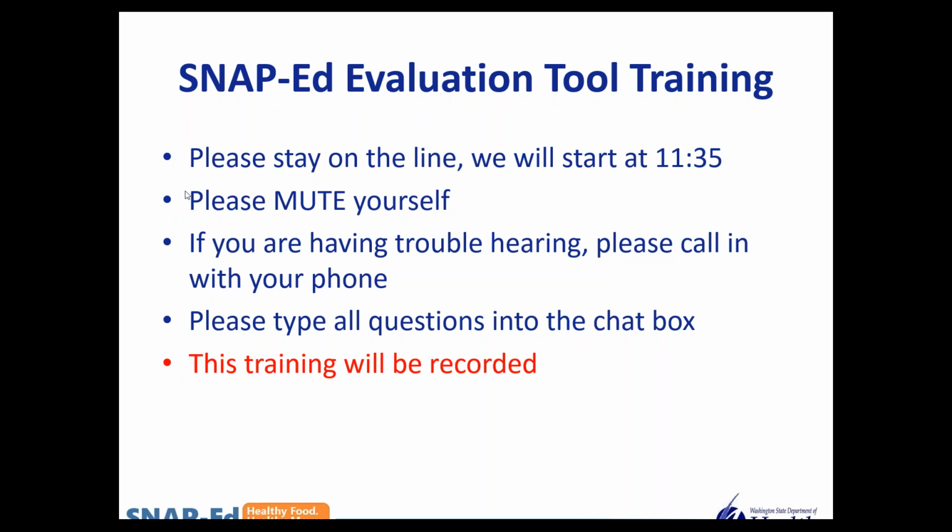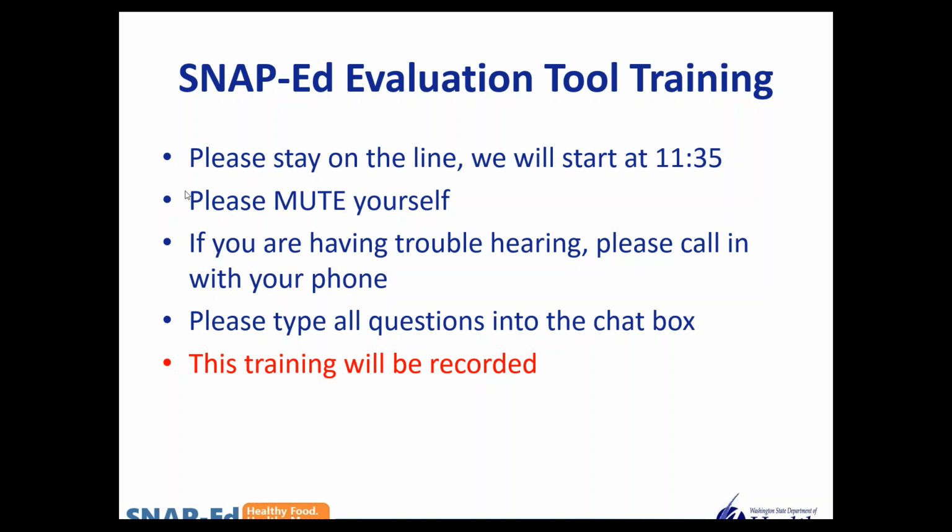So first, we'll jump right into direct education evaluation tools. Before I advance the slides, I just want to give you a little information about how we chose the evaluation tools. First, we looked at, are these tools validated or reliability tested?